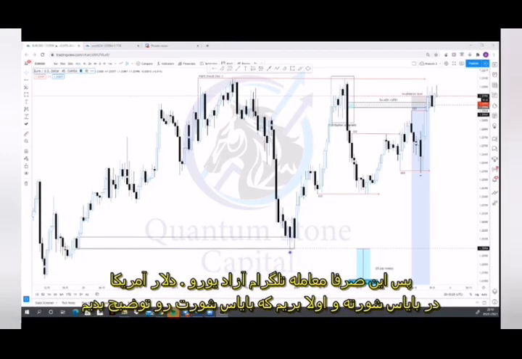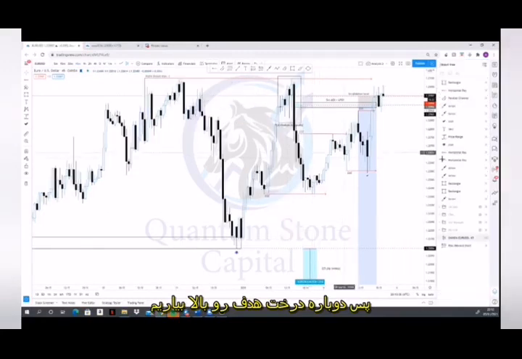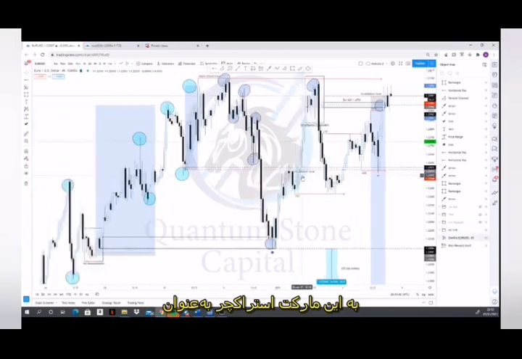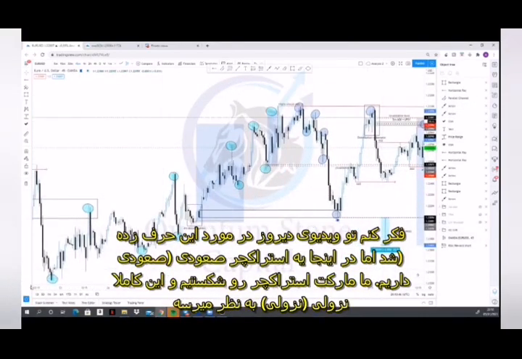This is a trade I put on the free Telegram. Euro USD, I had a short bias, and firstly, just explaining my short bias, again just to bring up the objective tree, looking at market structure as a whole. I believe this was talked about in yesterday's video as well, but we had a bullish structure here.